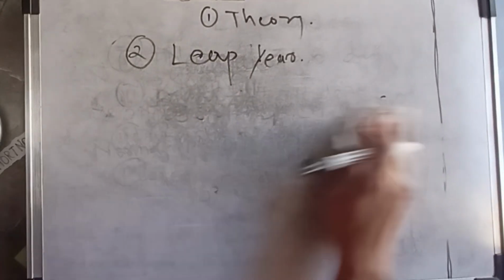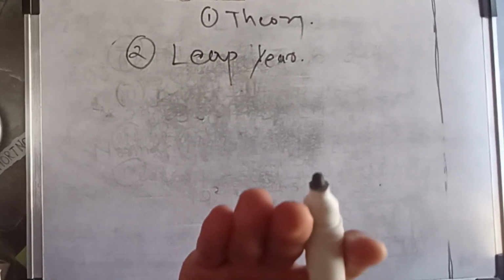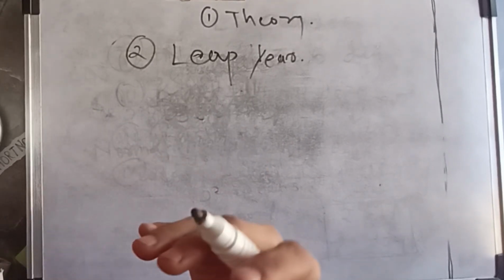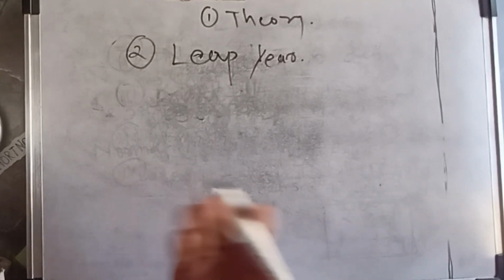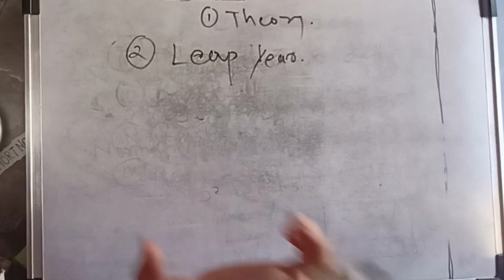So depending on the extra 5 hours and 49 minutes per year, we formulated two rules to distinguish between a general leap year and a centurion leap year.